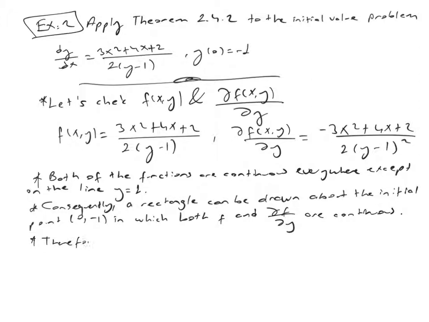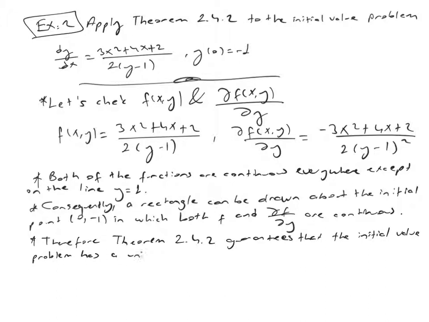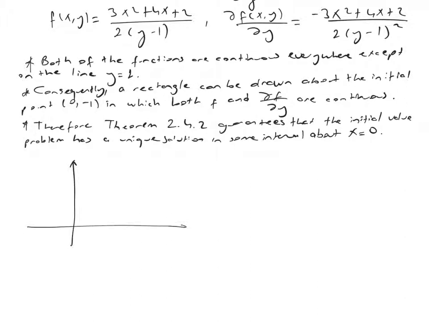Therefore, Theorem 2.4.2 guarantees that the initial value problem has a unique solution in some interval about x is equal to 0. This is our initial value.